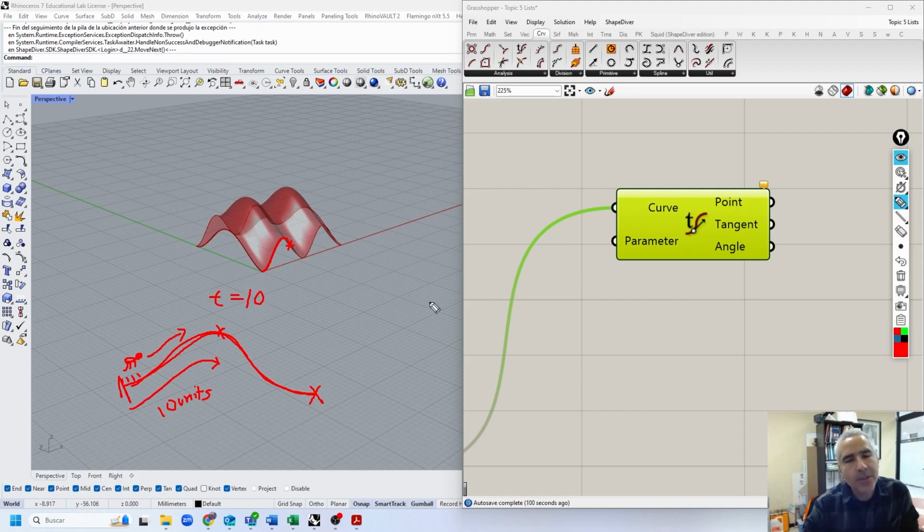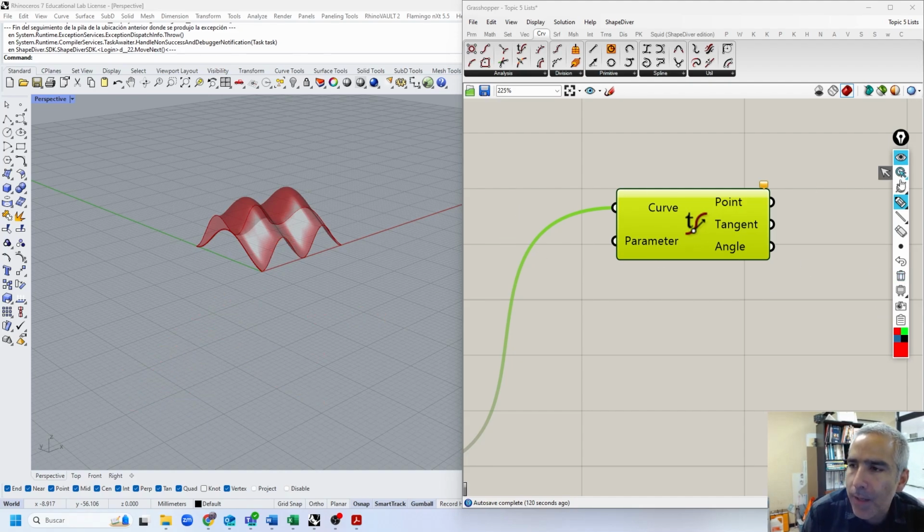Could be 10 meters, 10 millimeters, 10 inches, whatever. And if I go all the way up to here, let's say this is parameter 20. What that means is that you've walked that many units along the curve. Let's look at what that looks like here.